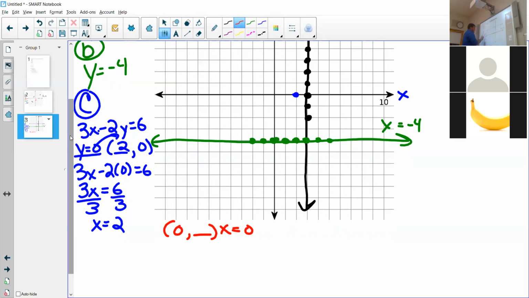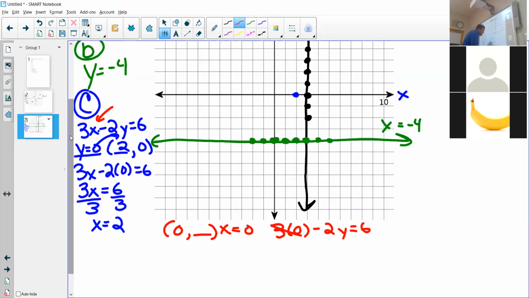I'm going to take this x equals 0 and plug it into my original equation. 3 times 0 minus 2y equals 6. I took x and changed it into 0. It's not 3 times 0 times x. It's 3 times 0.